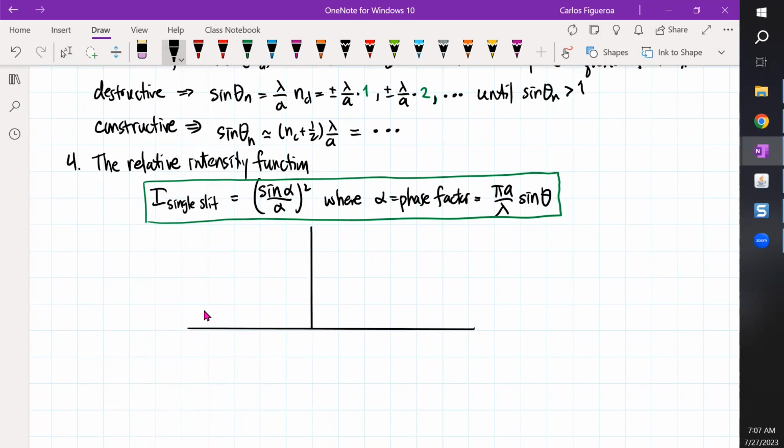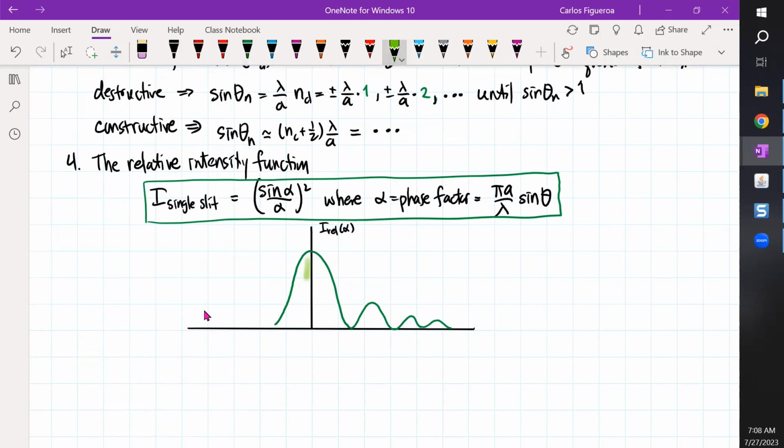So what we're plotting here is I relative of alpha. And what we're going to see in this situation is a very broad central max. And then these guys get smaller really fast.